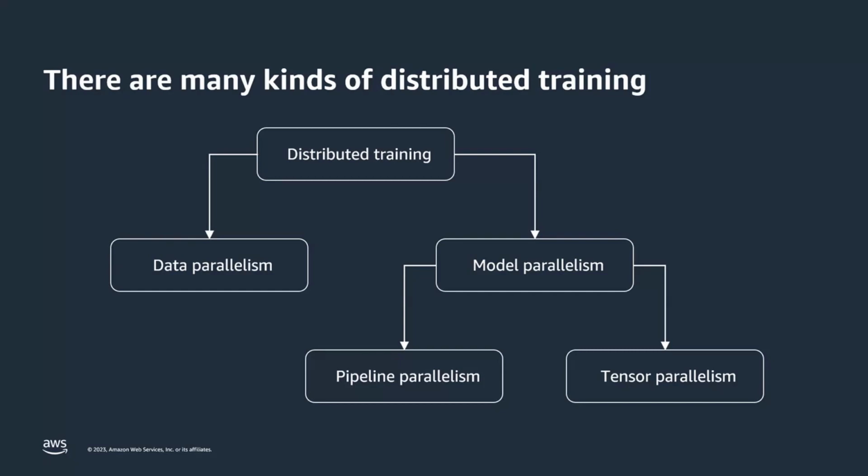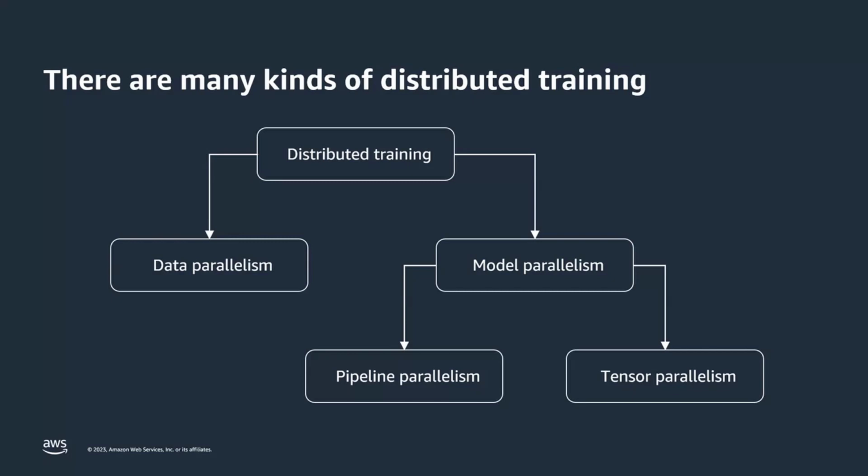We also have model parallelism. That's the method we use to handle large models. There are generally two types of model parallelism. One is tensor parallelism, which parallelizes the computation within an operation, such as a matrix multiplication.